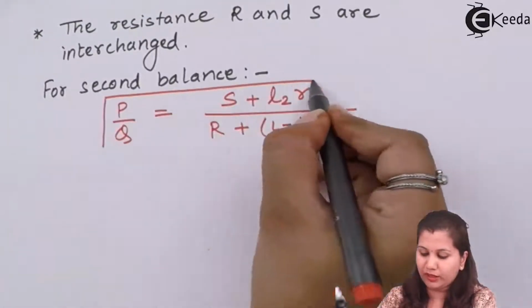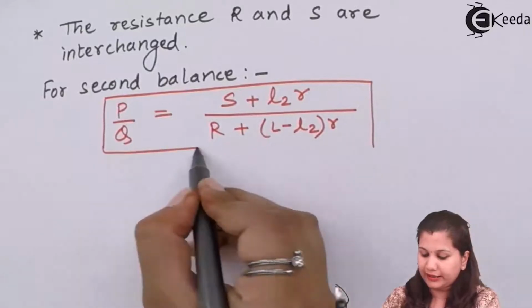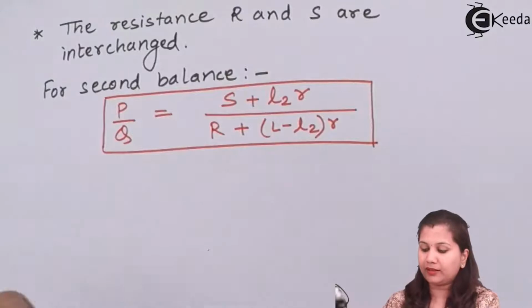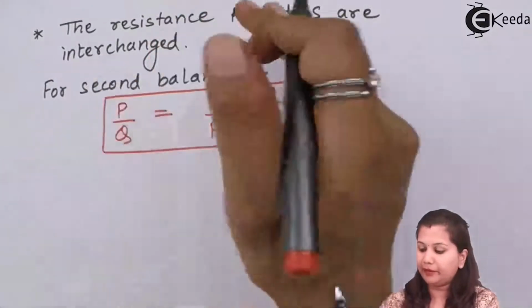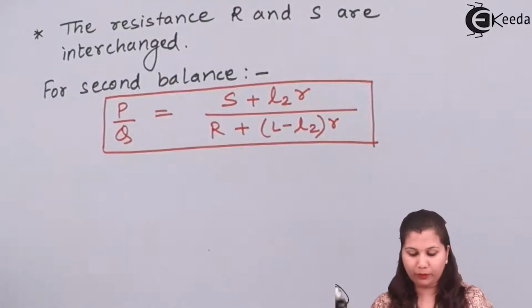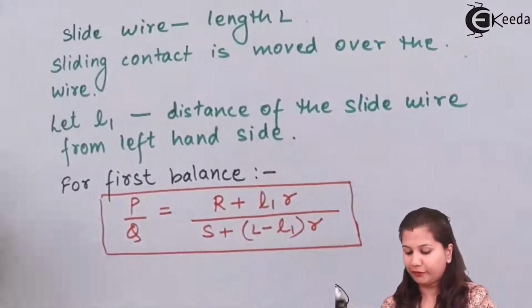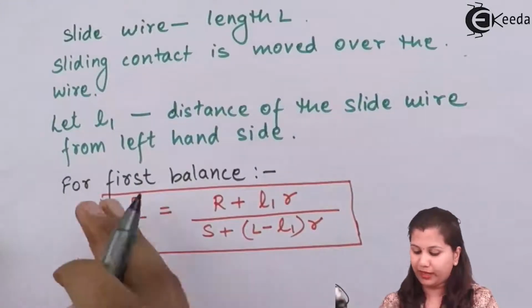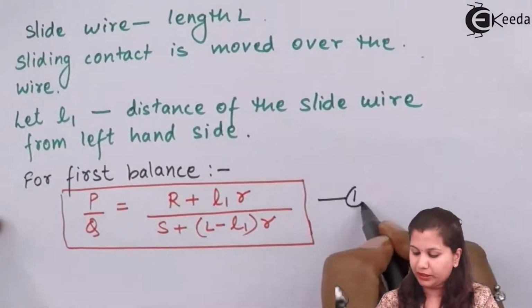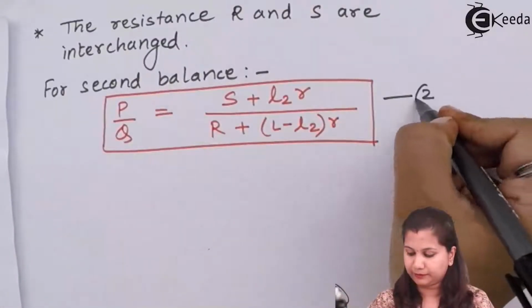One equation when the resistances are connected like P, Q, R and S, and the second case when they are connected like P, Q, S and R. Now from these two equations we know that the left hand side of both equations is the same. They are having the ratio P by Q. So we are going to equate these two equations.